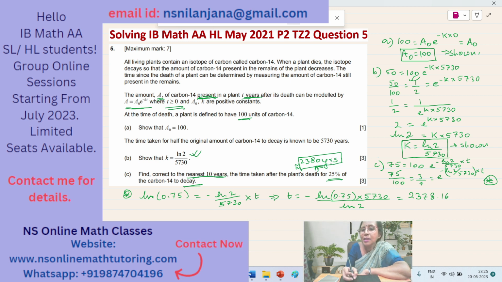So this is the answer. Correct to the nearest 10 years is 2380 years. So we have completed solving question number 5. We have solved all the 3 subparts of this question.